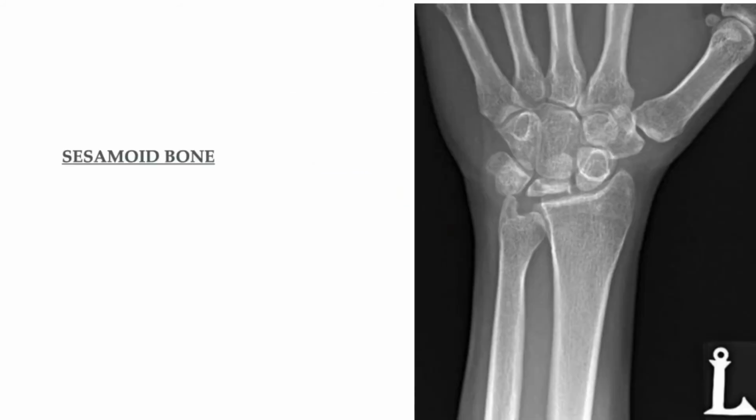Now you know that it is formed in the tendon of flexor pollicis brevis, and the other sesamoid bone present in this skiagram is pisiform bone. So in hand, you will always see one sesamoid bone which is pisiform, and very often you can see the sesamoid bone present in the tendon of flexor pollicis brevis.